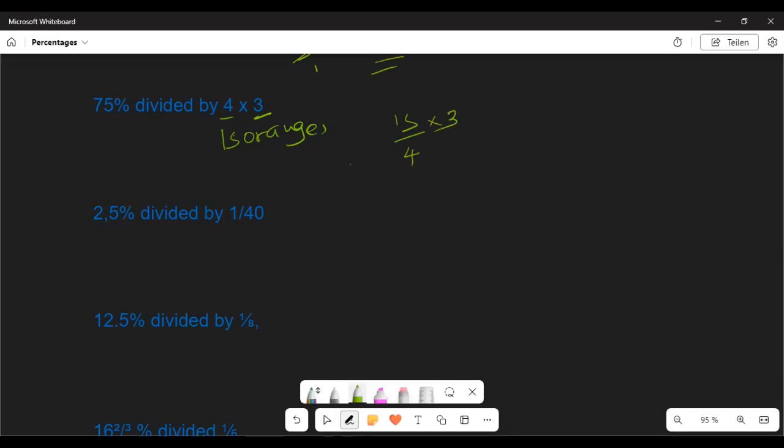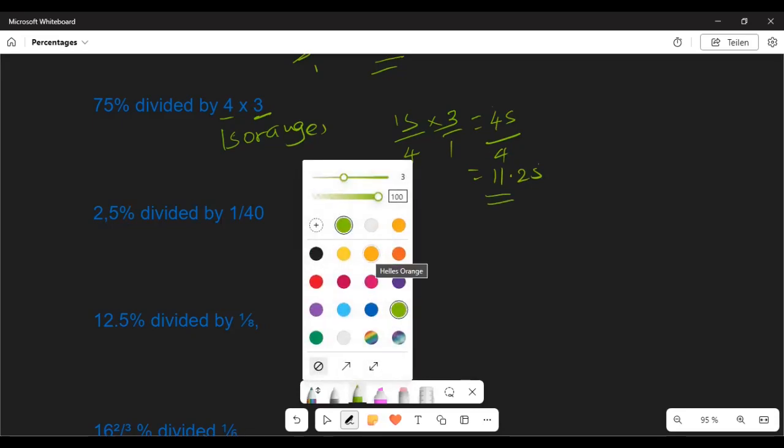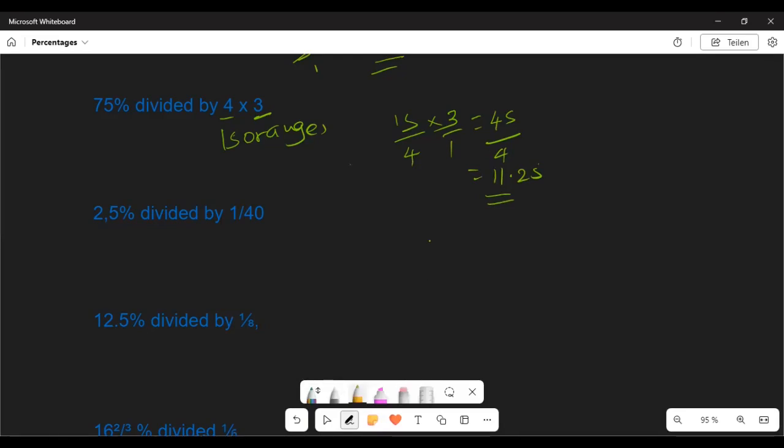So this is 3/1, and this is going to give you 45 divided by 4. And then you get your answer as 11.25. So you can quickly do numbers like this, and it goes easier. If you don't want to waste time with old methods, then this is the shortcut.